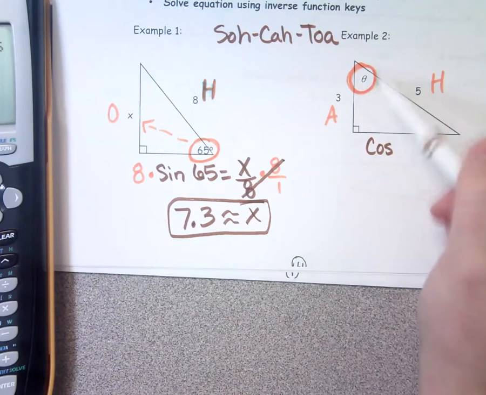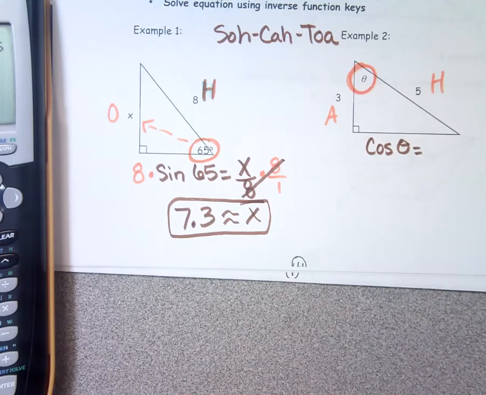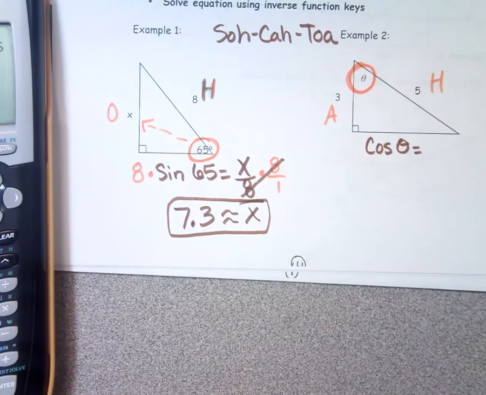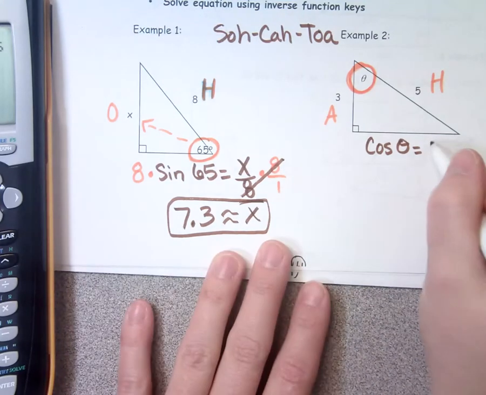This time I just don't know what the angle is, so I'm going to write that down, and this is pronounced theta. It's a Greek symbol, T-H-E-T-A, theta. So it's cosine of theta, and then cosine is defined as adjacent over hypotenuse. How would I write adjacent over hypotenuse?